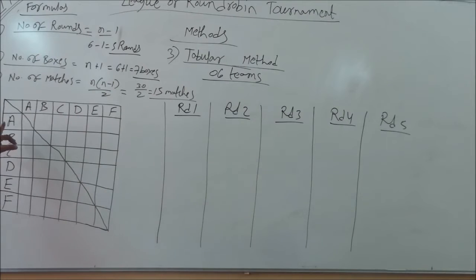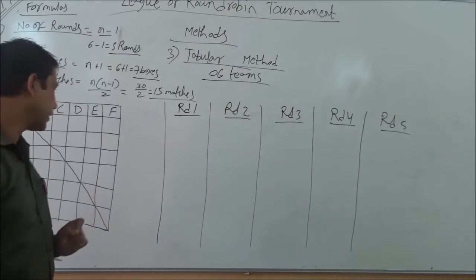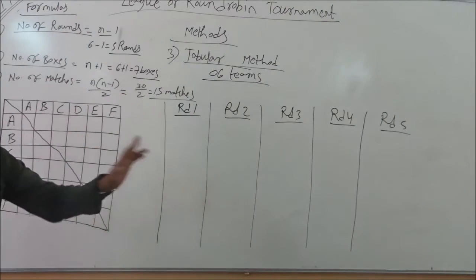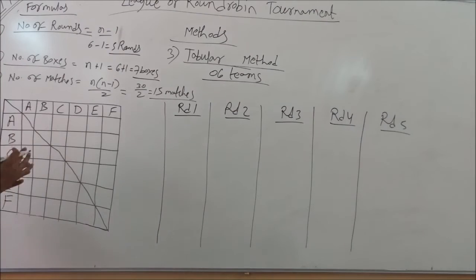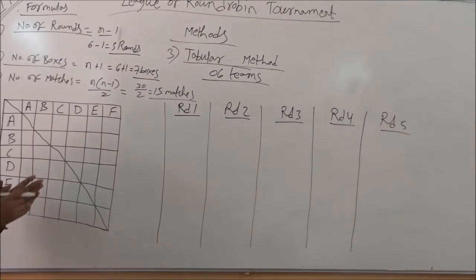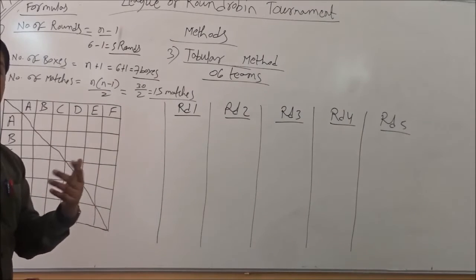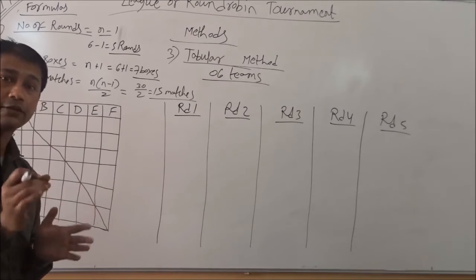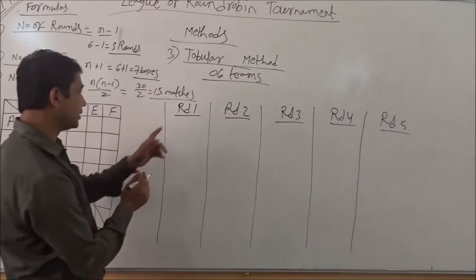Now, the first team is A. Now, A will be playing with B, A will be playing with C, A will be playing with D, E and F simultaneously. Here in the box, we need to just mention the round number. A is playing with B, in which round number? A is playing with C, in which round number? So, we need to mention the round number.